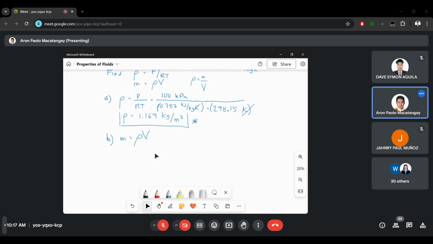Okay? Since we already know the values, then we can solve for the mass. However, for density, remember density here is an intermediate value.